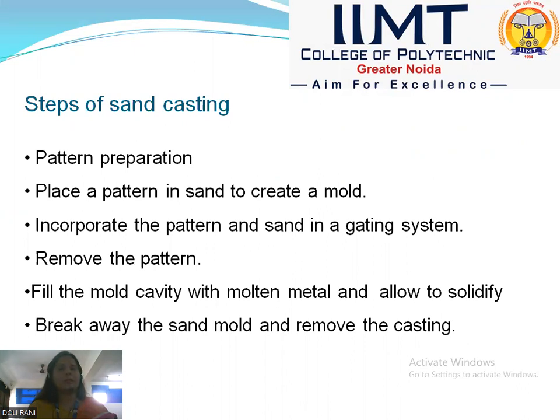Then, once the cavity is created, the pattern is removed from the mold. Now the molten metal is poured into the mold cavity. After solidification, the mold is broken, and the final casting is prepared.